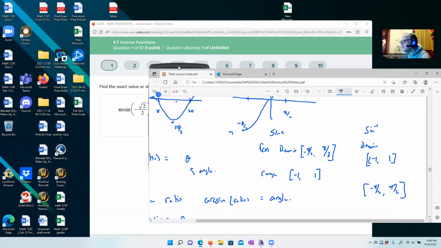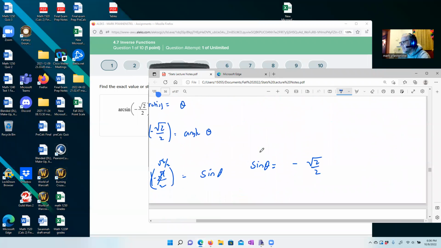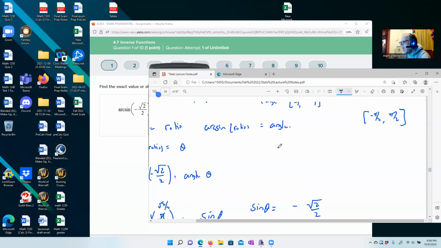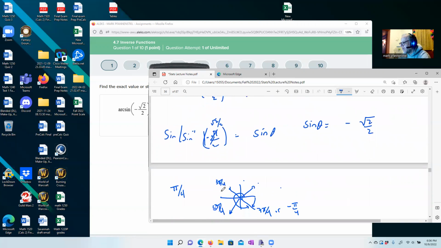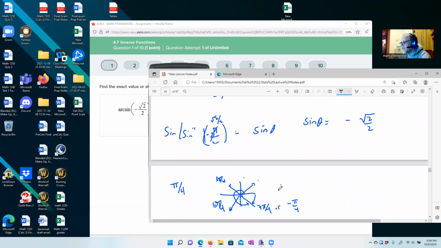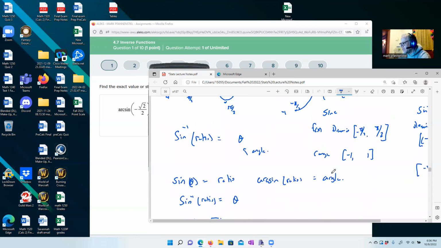You have to be really careful, because if I just put a negative ratio in here, I could have meant something in quadrant 3 or quadrant 4, but I don't really know which is the proper one. That's the tricky part. That's also why sine doesn't automatically undo inverse sine.